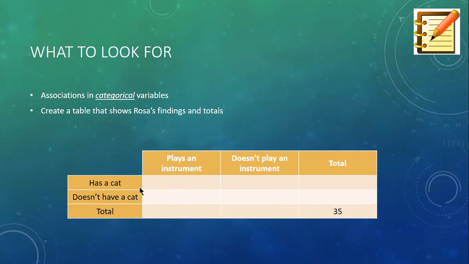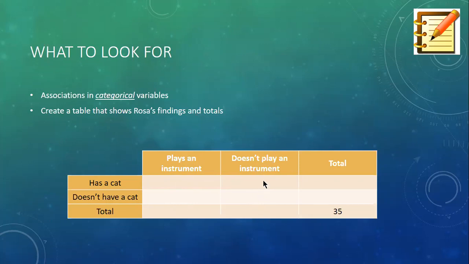So each of these totals is for the continuing line. The total for kids that play an instrument, that doesn't matter if they have a cat or not, would go right down here. The total of the kids that don't play an instrument, again, doesn't matter if they have a cat or not, you total these up, that would go right here.